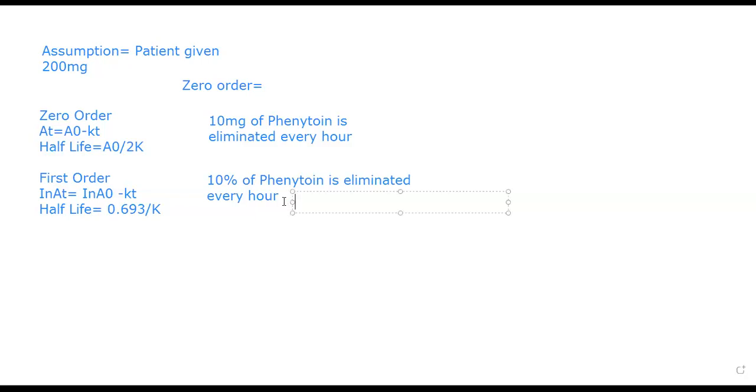But okay, there's something we didn't write here. So 10% of phenytoin in the first assumption will be what amount of the 200 mg? 20 mg, right? Let's put in brackets, 20 mg is the 10%.